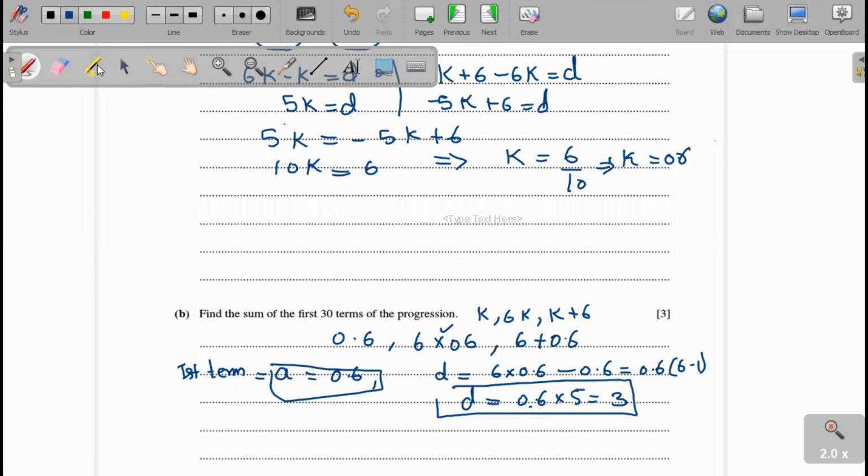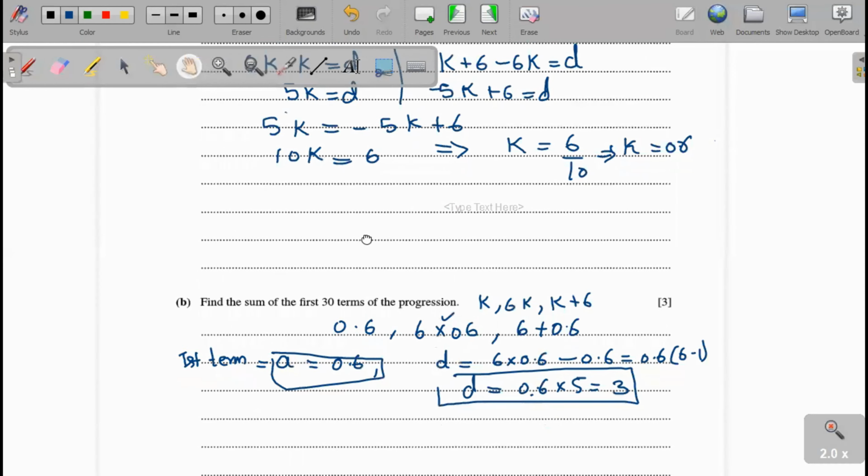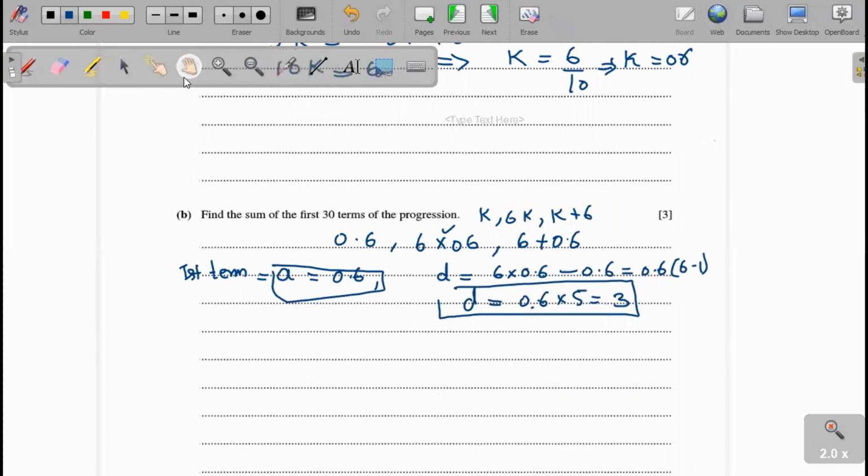Now the formula for the sum of an arithmetic progression is S equal to n over 2 times (2a plus (n minus 1) times d). Here n is 30.